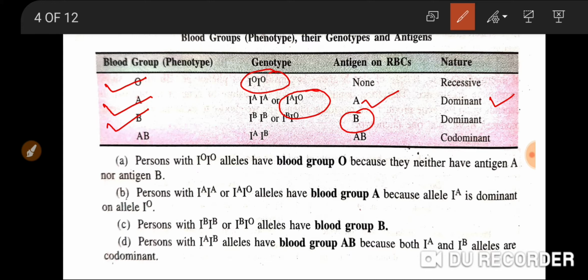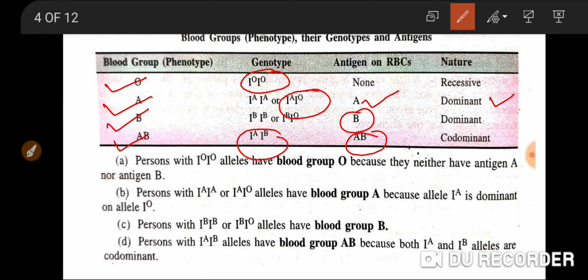Whereas if the individual has the genotype IA IB, that means both dominant alleles are present and both are able to express themselves simultaneously. IA will produce the antigen A and IB will produce the antigen B. So in such individuals, both antigen A as well as antigen B will be present on the plasma membrane of the RBCs, and the person will have the blood group AB.